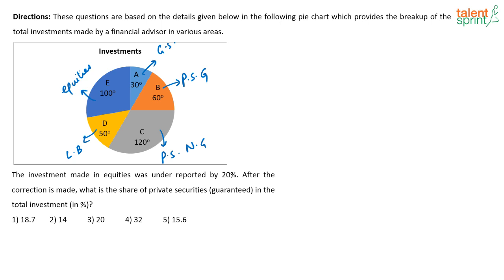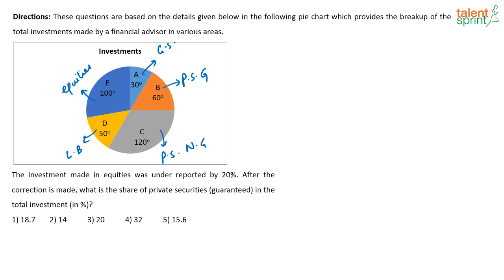How will you solve this? The investment made in equities was underreported by 20%. So again, initially I am assuming that total investment is 360. Same method that I used for the previous question. See, all we want is to arrive at the answer faster. So let us use the same method that we used earlier and see how to solve this.